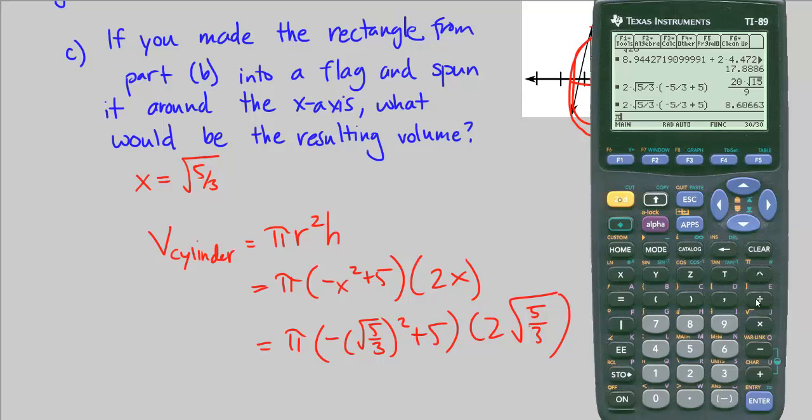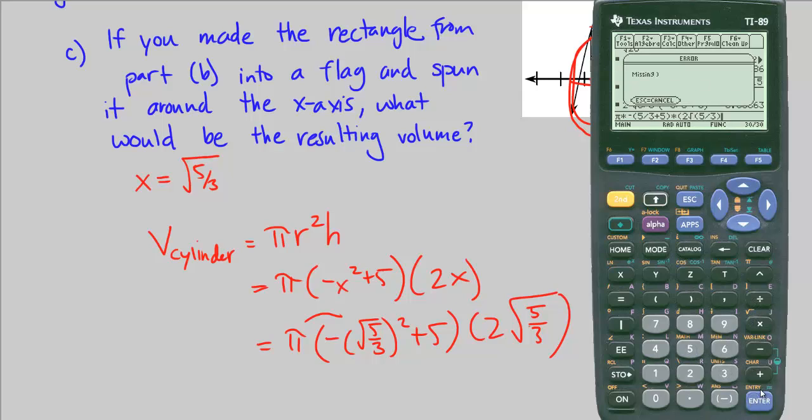So we get pi times negative, and again we have square root of 5 over 3 squared, so we can just cancel out the square root with the squared, so it's negative 5 over 3 plus 5, right? This pi is going to be distributed to both of these, so I want to make sure I have that in my calculator represented, times 2 square root of 5 over 3.